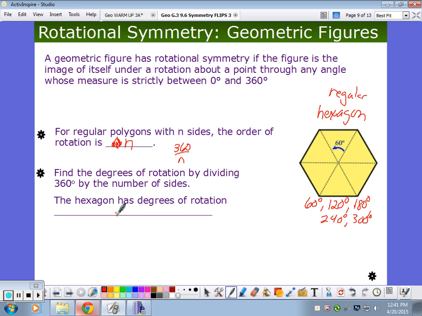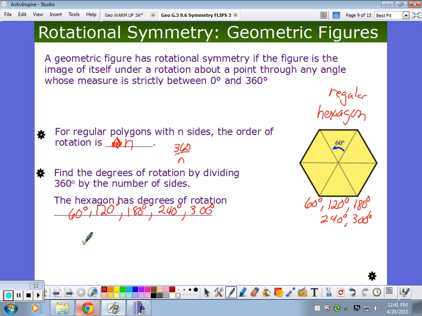The hexagon has an order of rotation of 6, so I divide 360 by 6 to get 60. Keep adding the 60. 120 plus 60, 180 plus 60, 240 plus 60. If I add 60 to this one, I'm back to my 360, so I don't need to do that one. So: order, rotational symmetry, and then finding the angles of rotation.